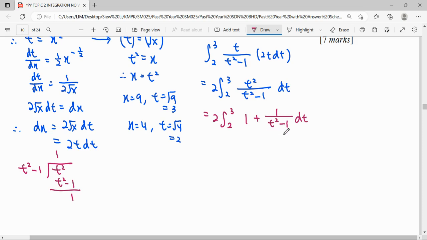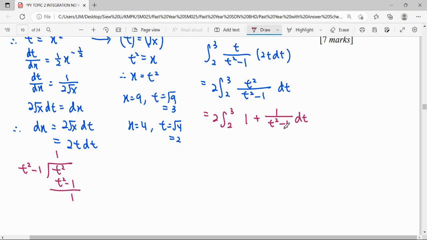remainder of 1 over divisor t squared minus 1, dt. So now we can integrate 1, but observe the fraction here is still not ready to integrate. If we want to use the formula, let's say this is f of x. When we differentiate it, the numerator is supposed to be 2t, so it doesn't give us the pattern. When we don't have that pattern, the formula cannot solve it directly. We need to use a technique of integration.